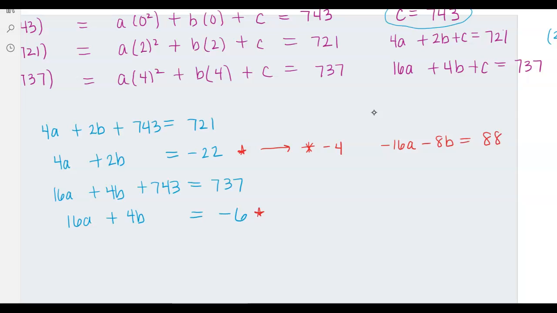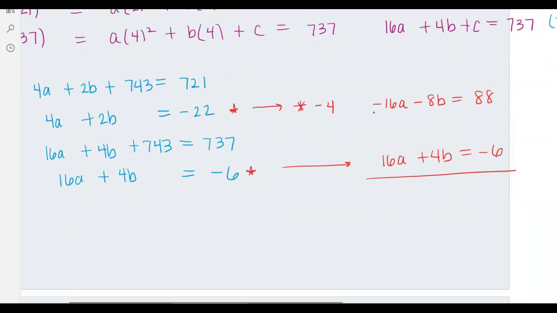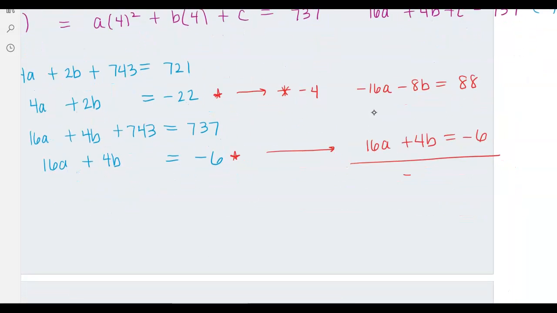Then I'll leave the other equation as it is, 16a plus 4b equals negative 6, so that we can add them together and eliminate the a. So I've got negative 4b equals 82. Dividing, we get b equals negative 20.5.